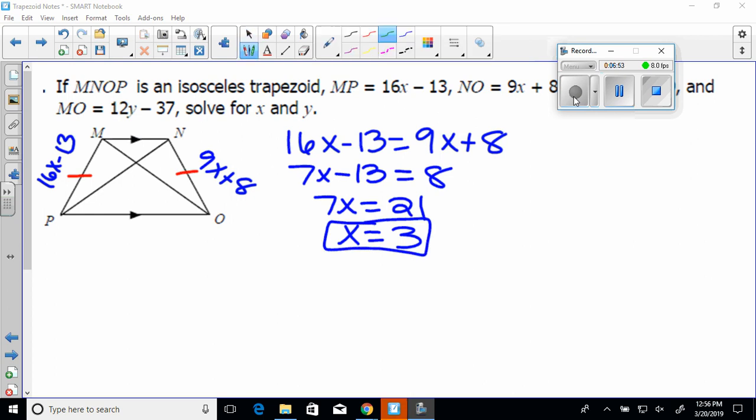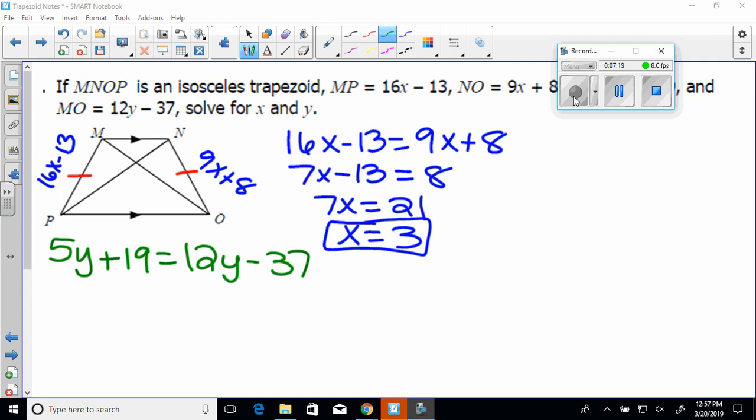So now when we're looking for y, they gave us PN, which is a diagonal, and then they gave us MO, which is the other diagonal. And so in the case of an isosceles trapezoid, the diagonals are congruent. So again, we can set those expressions equal to each other as well. So we can do 5y plus 19 equals 12y minus 37.